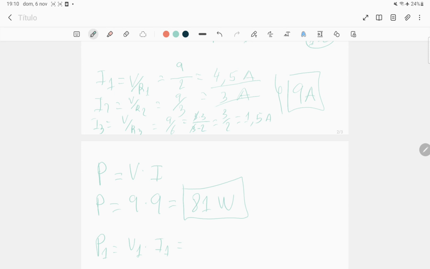V1 in this case is 9. 9 multiplying 4.5, and I will calculate 40.5 watts.